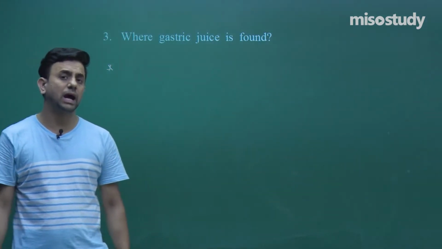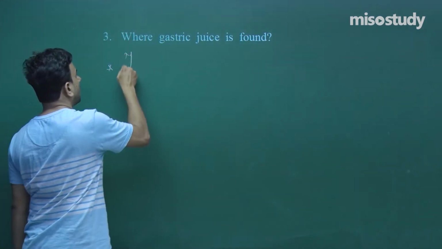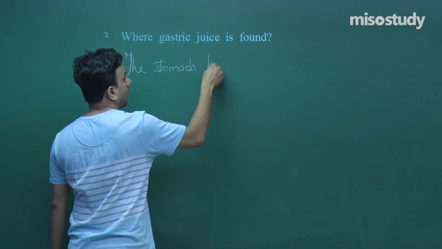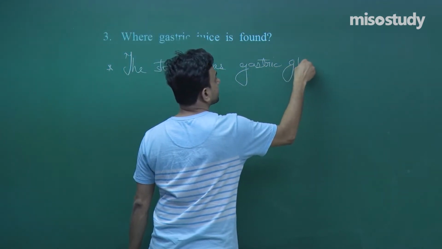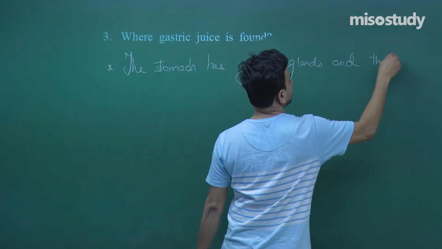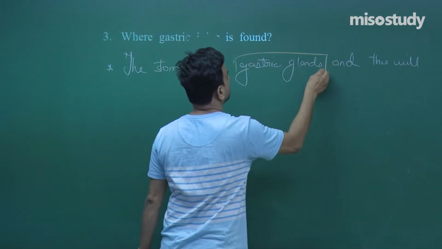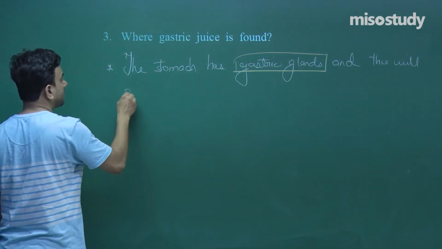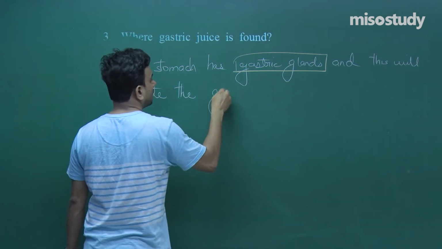The stomach has gastric glands and these gastric glands will secrete the gastric juice.